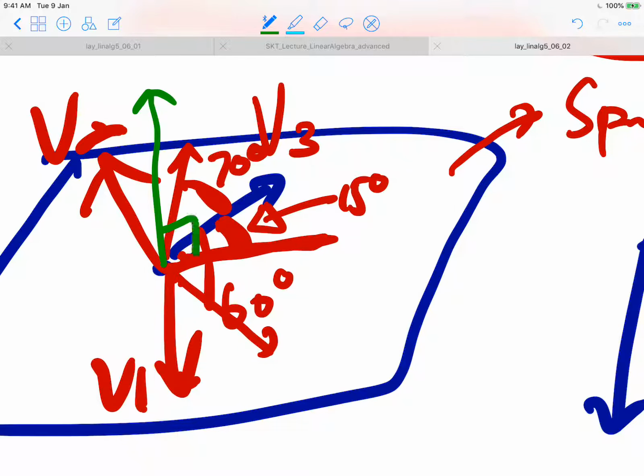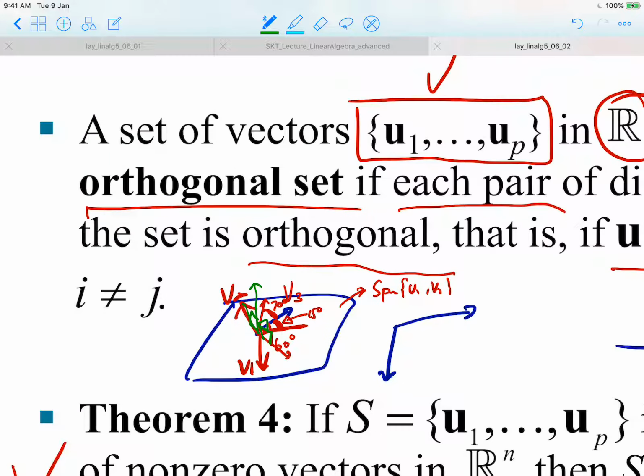So in this case, even if we choose any vector from the span of V1 and V2, that will always be 90 degrees. So that maintains the maximality, or the maximum angle, even if we choose any vectors from the span of the previous vectors.